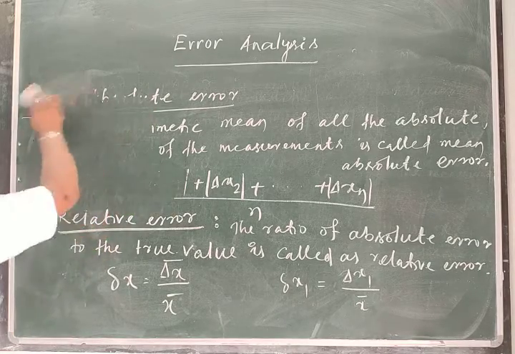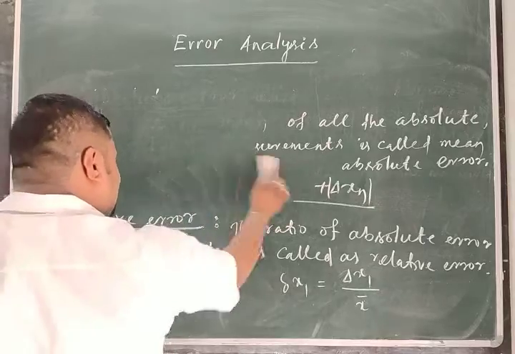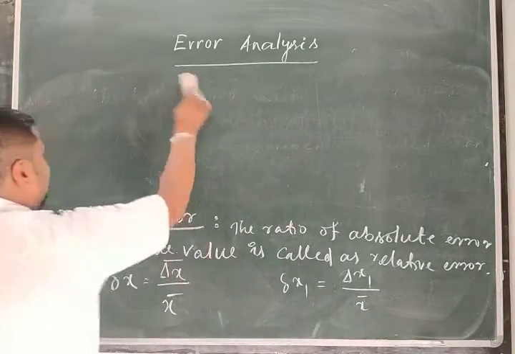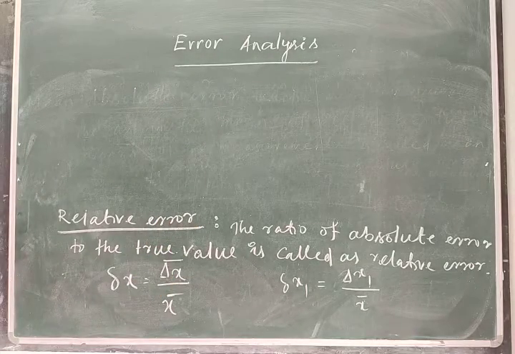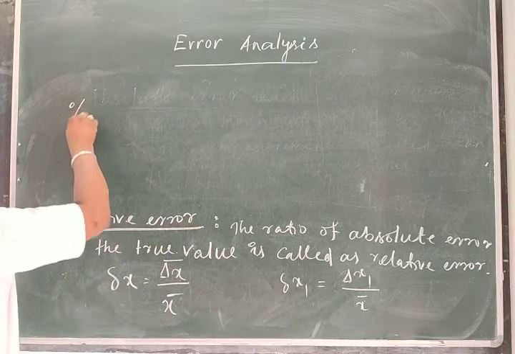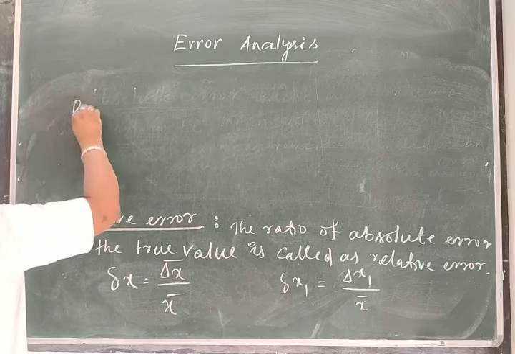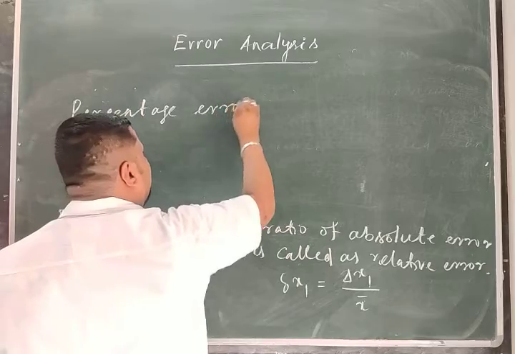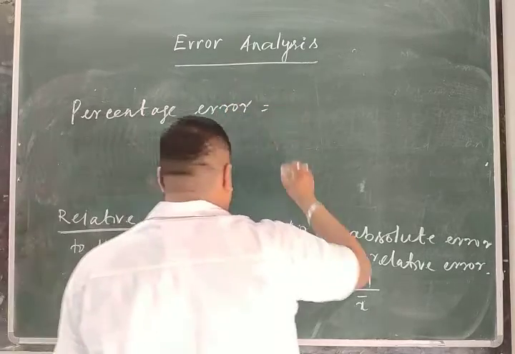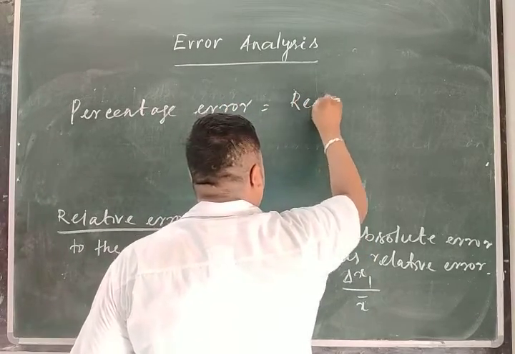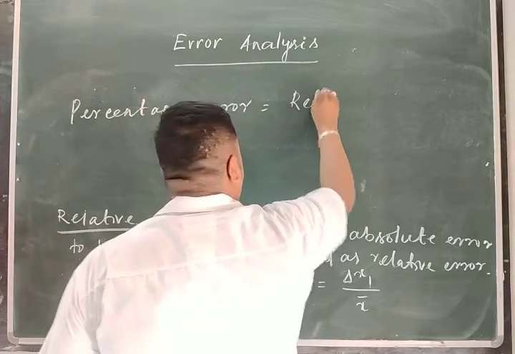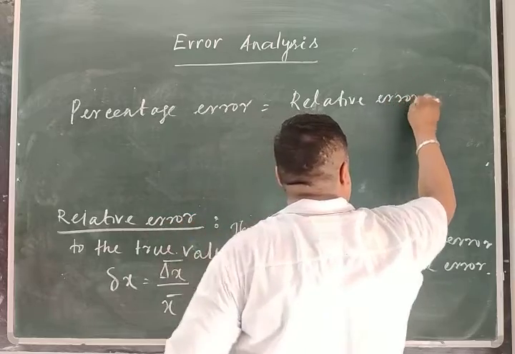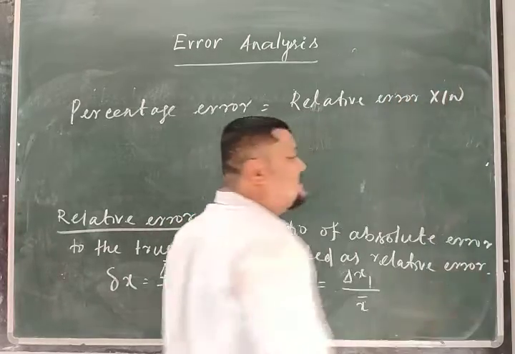Then the last type of error, from this random error, we will go for the percentage error. So from this relative error, you can find the percentage error. Percentage error is equal to the relative error into 100, because it is always in percentage.